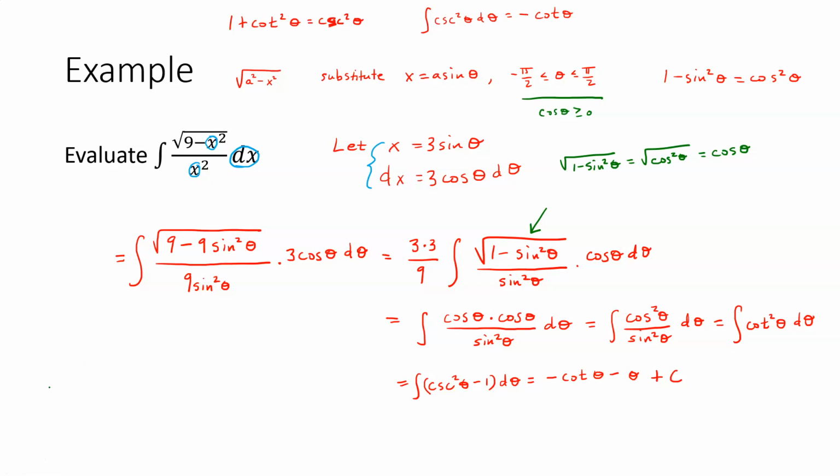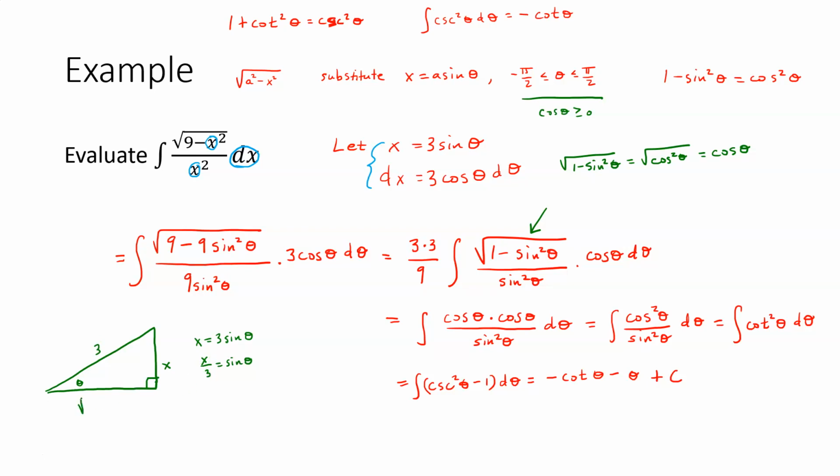So to do that, I'm going to draw myself a little triangle over here on the side. This will help me go back to the original variable. Because if I look at our original substitution, we said x equals 3 sine theta, which means that x over 3 is equal to sine theta. So I can fill in the opposite over hypotenuse sides as x and 3, using the sine ratio.